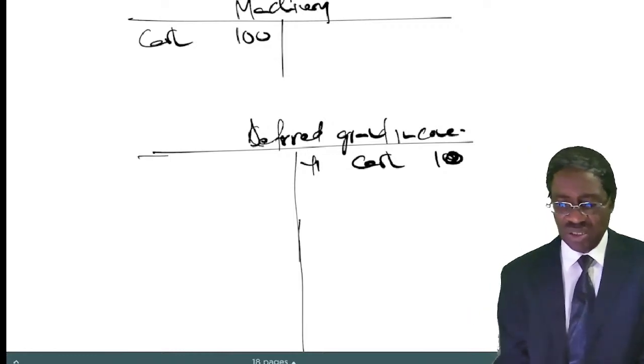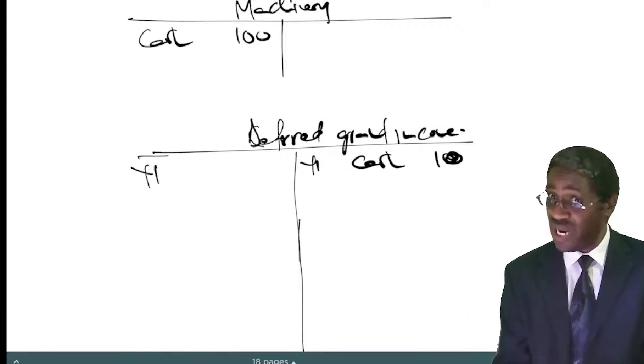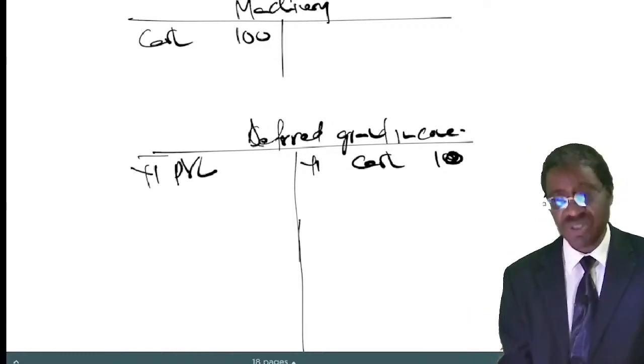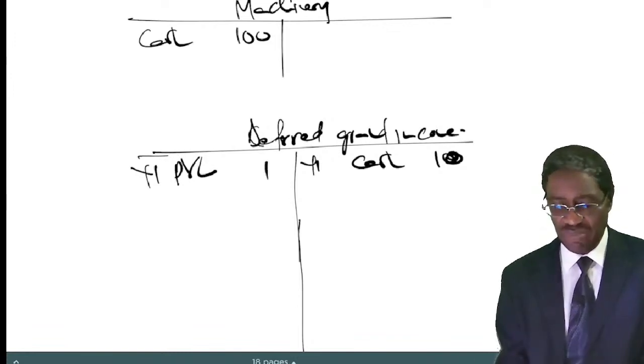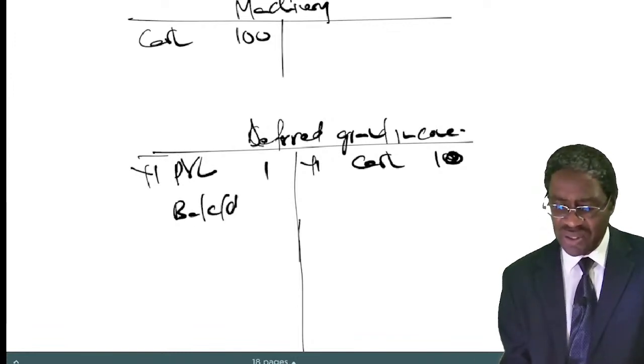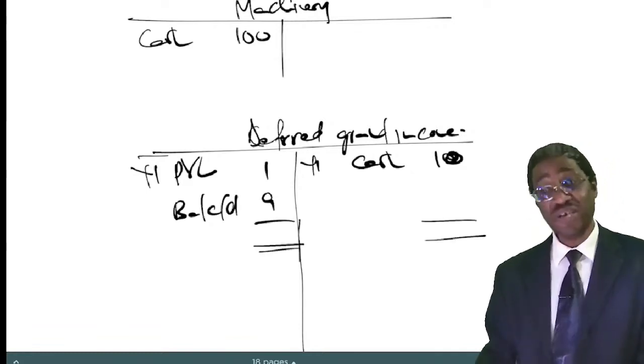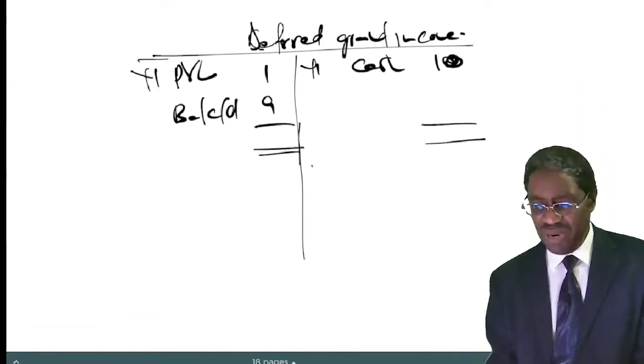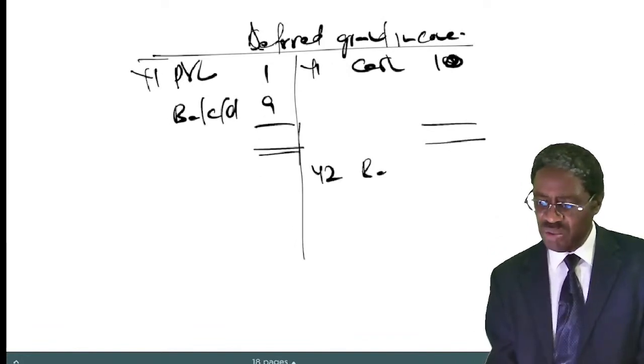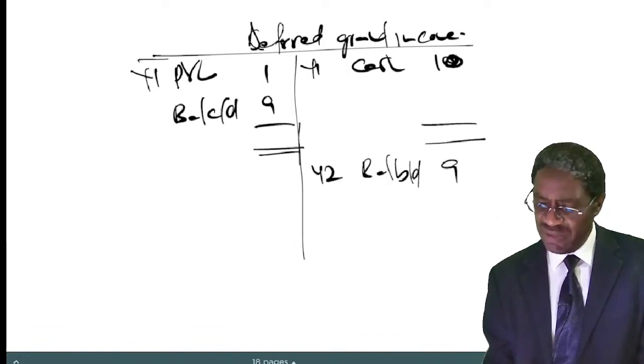We're assuming the useful life of the asset is 10 years. So in year 1, you will transfer from this account to the profit and loss account as an income, how much? 1 million. Then you carry down a balance of 9 million to be recognized as an income in the future. Then you bring down the balance by the beginning of year 2, balance brought down 9 million.